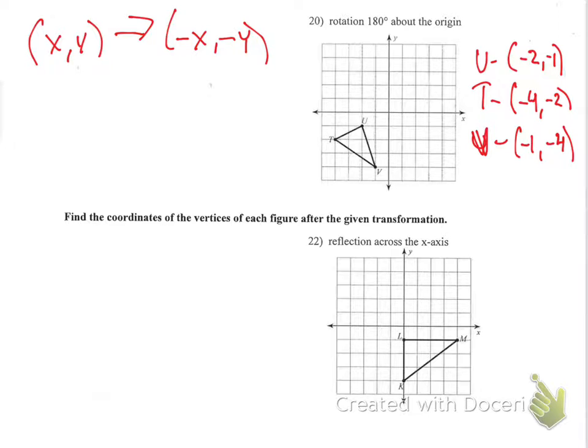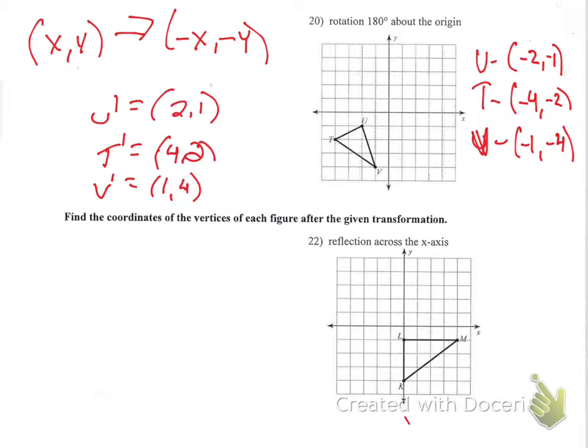So U prime is going to equal (2, 1). T prime is going to equal (4, 2). And then V prime is going to equal (1, 4). So plot those points. That's going to be U prime right there.